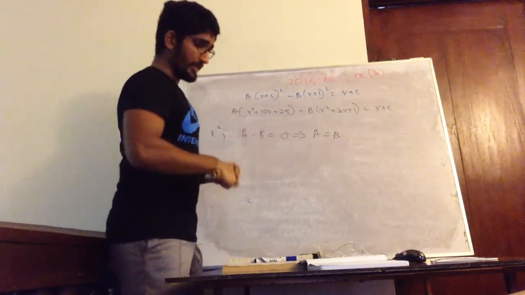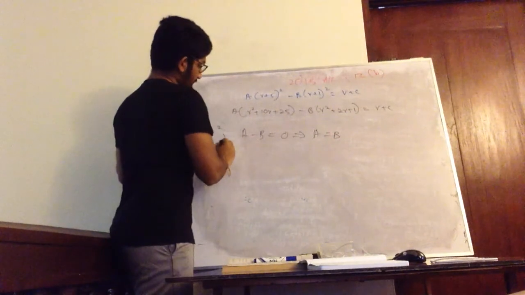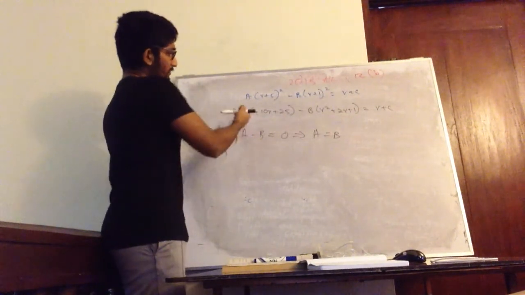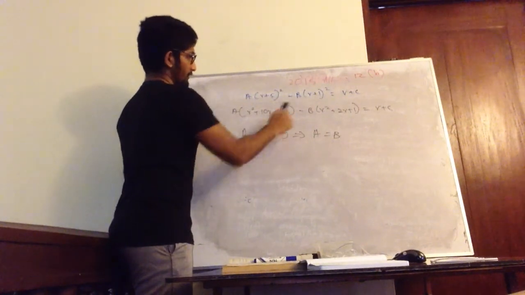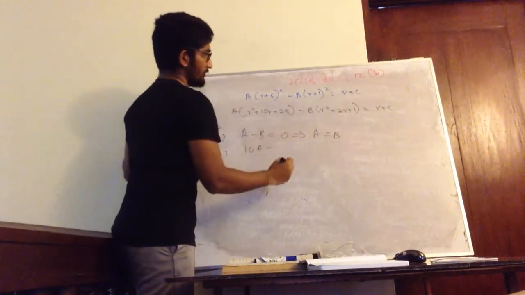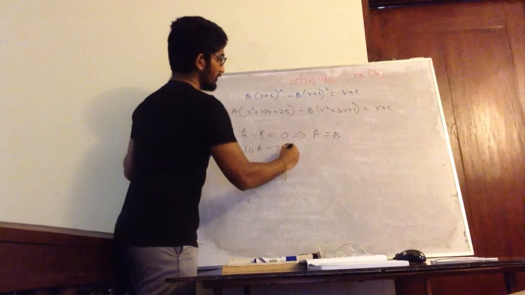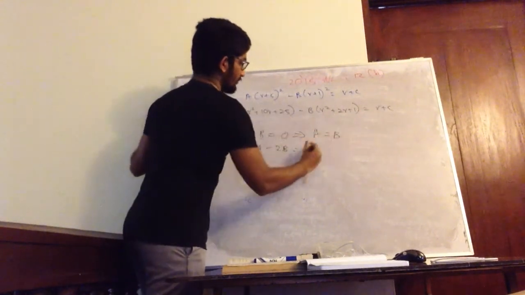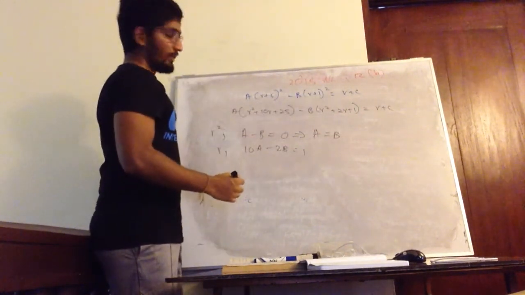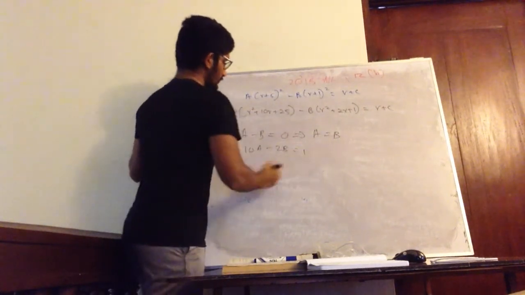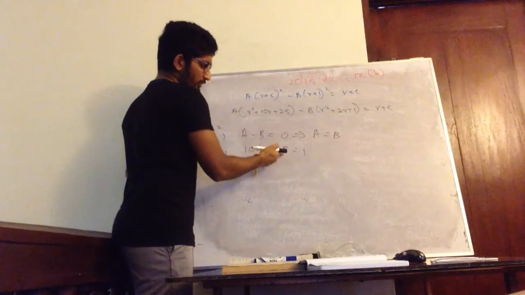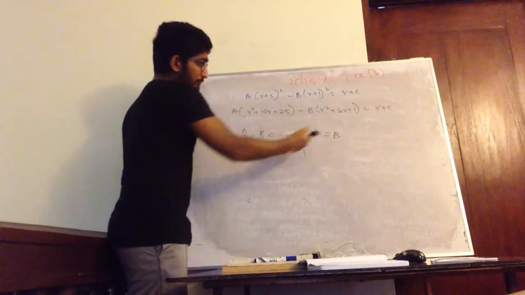Then I am going to compare the coefficient of r. If I compare the coefficient of r, I will get 10A minus 2B, and the coefficient of r is 1. So I am going to substitute B equals A here.